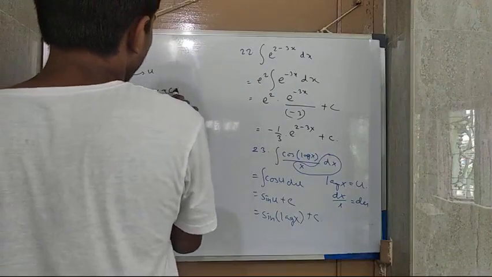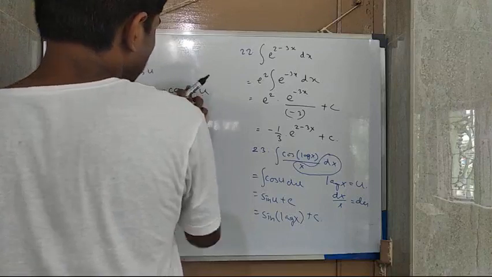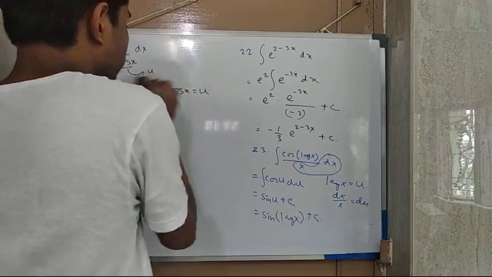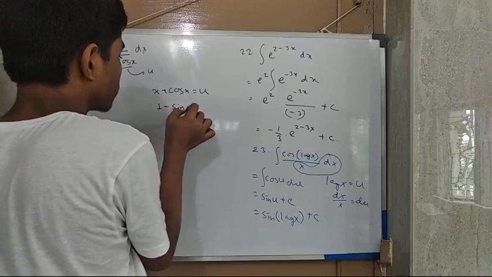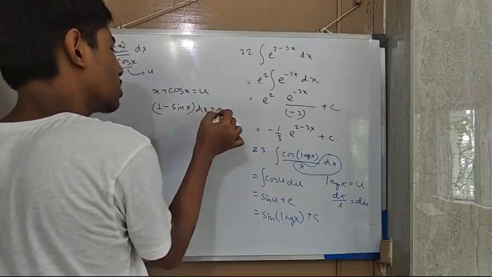So x plus cos x is equal to u. Now differentiate both sides. So 1 minus sine x dx is equal to du.